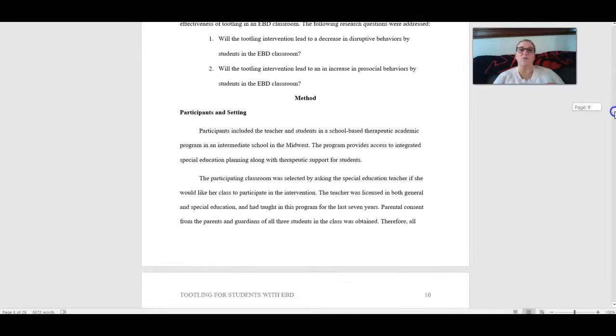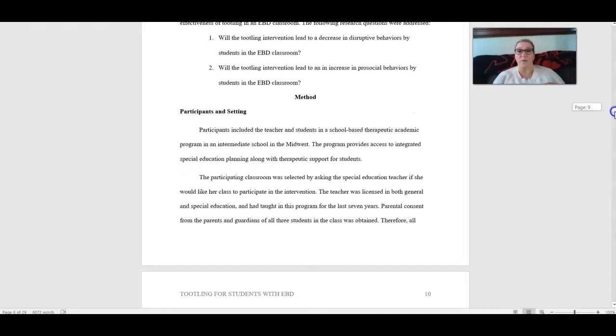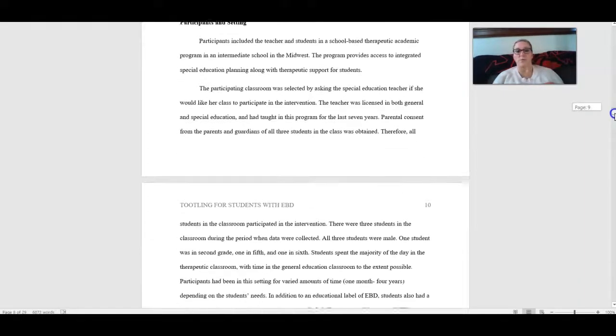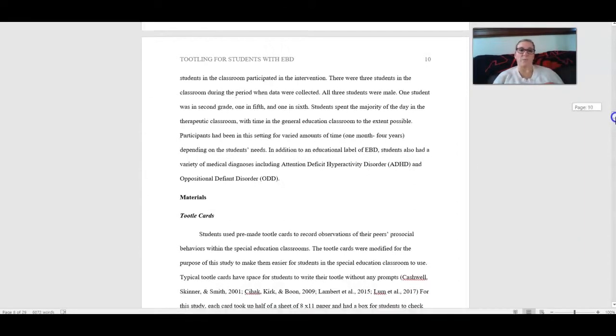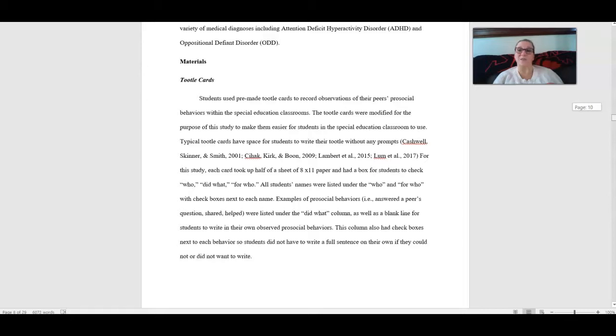So in the method, you describe the participants, so what students were part of your study, and the setting. Where was the study conducted? In this case, it was conducted in a classroom in a public school that was specifically designed for students with emotional behavioral disorders. You're going to describe all the materials that needed to be used for the study.